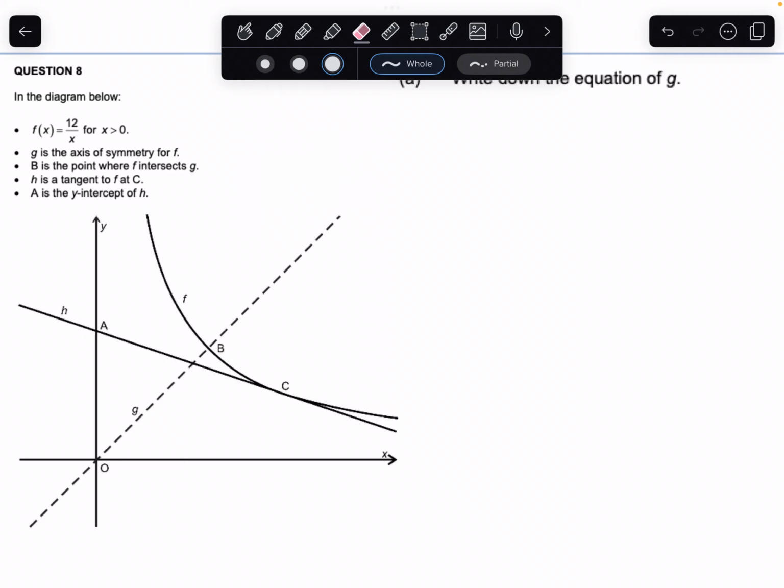Right, so we'll just make a note of that here. B is the point where F intersects G. H is the tangent to F at point C, and A is the y-intercept of H. So we have 3 graphs, 3 functions that we're dealing with here.